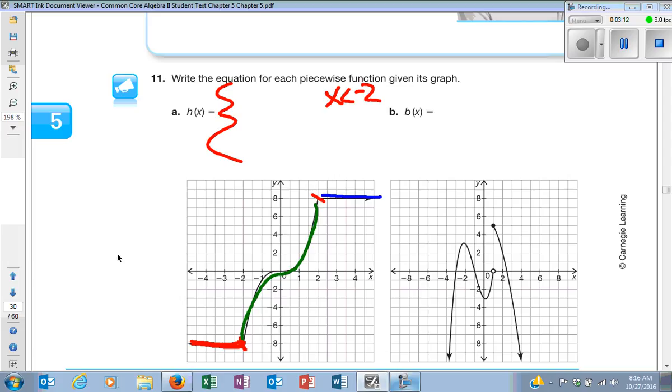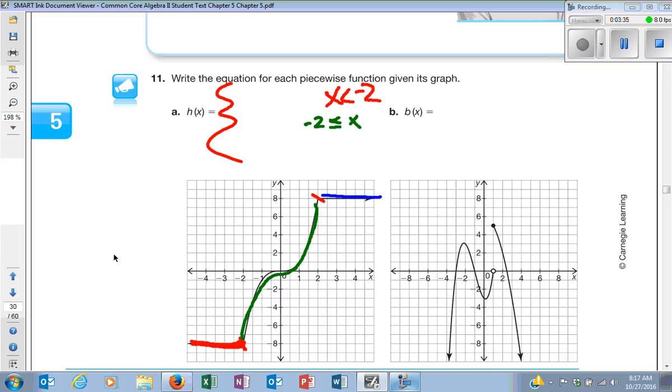Green. Where does green start? -2 is less than x. Less than or what? Equal to. Remember I told you have to put that equal to on one of them. We chose this one to put it on.